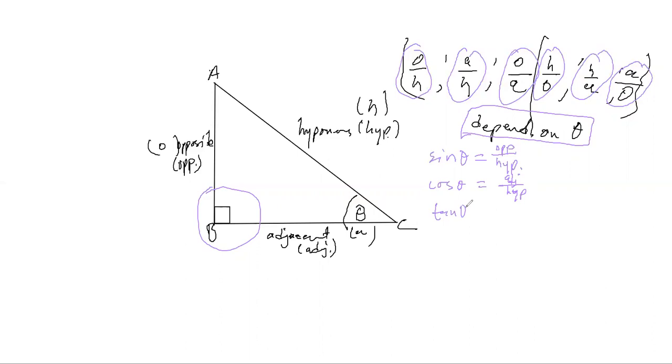And the tan of theta will be opposite over adjacent. These are the standard definitions of the trig ratios based on the little experiment that we had on similar triangles.